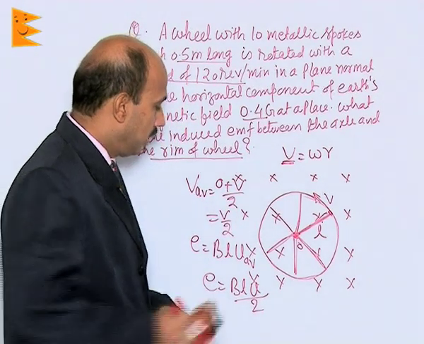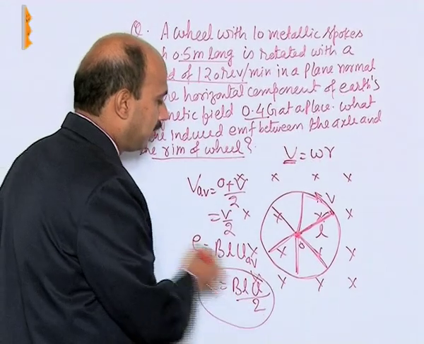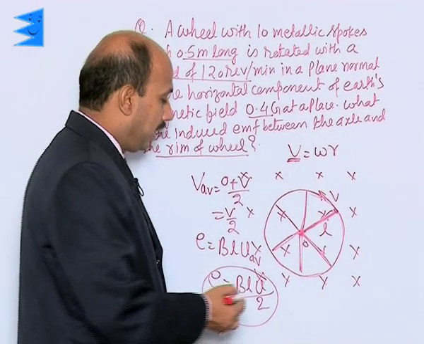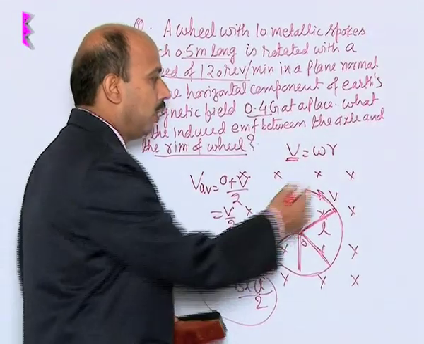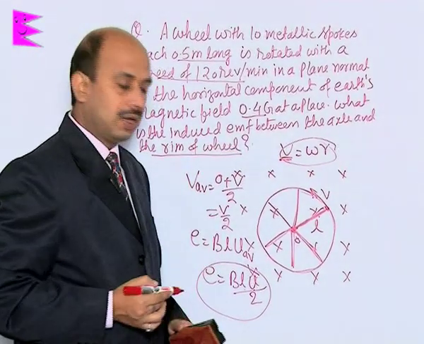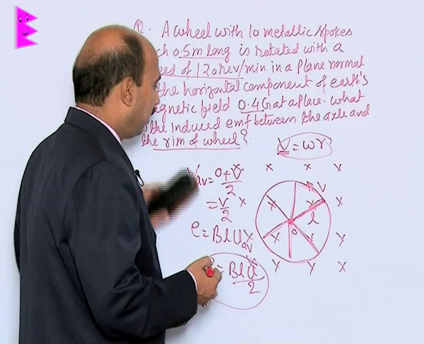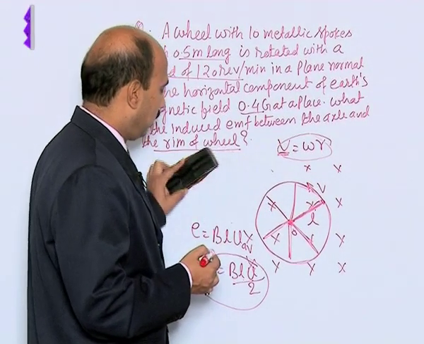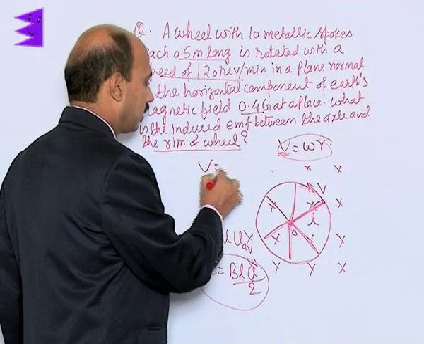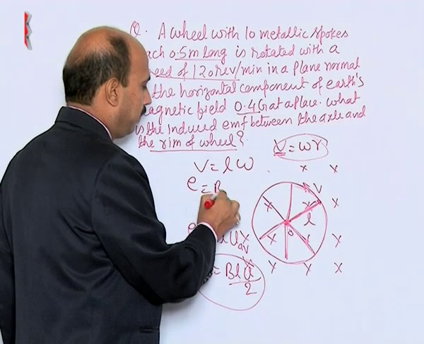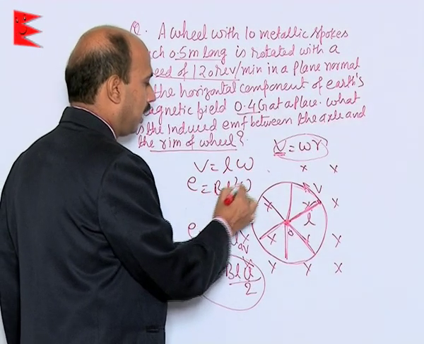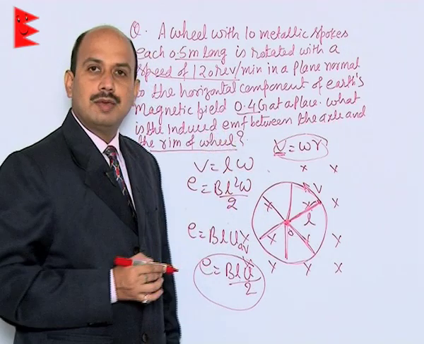We can replace the value of v according to the formula v equal to omega r, so we can write v equal to L omega. So, the EMF induced will be E equal to B L square omega by 2. This is the EMF induced.